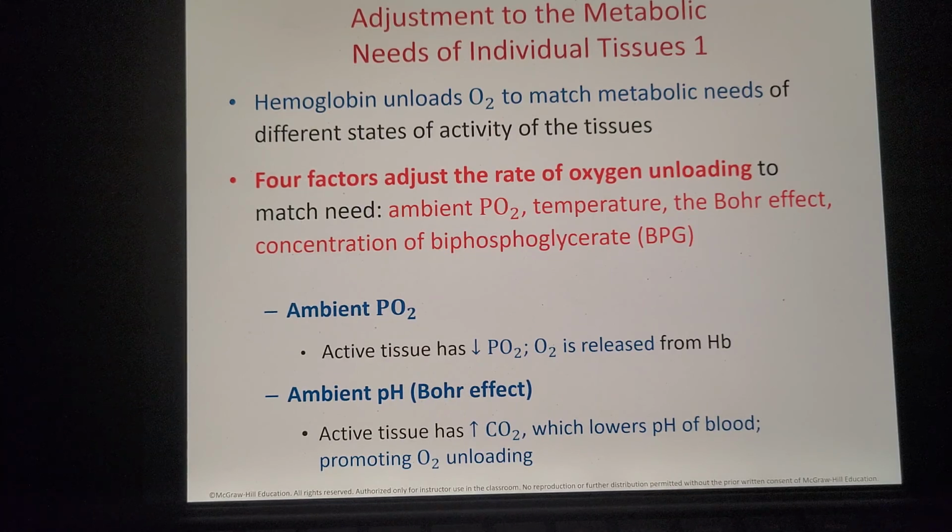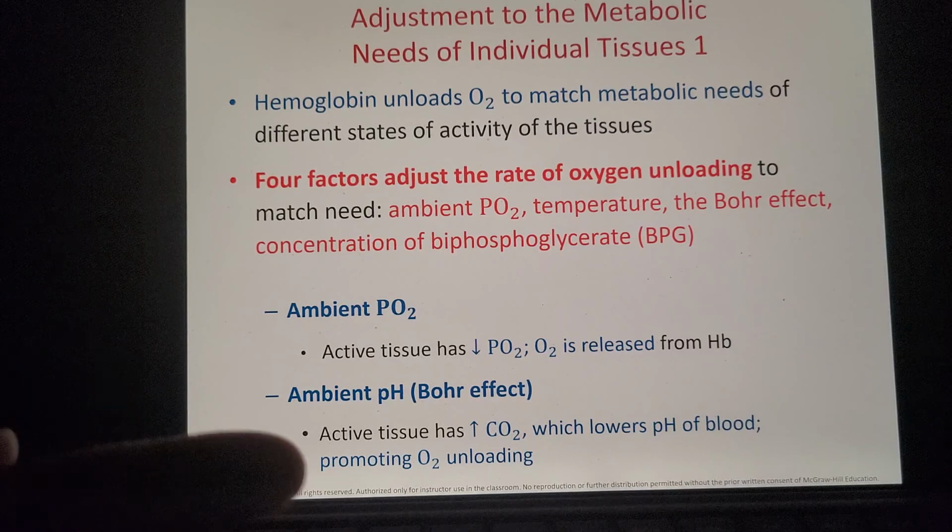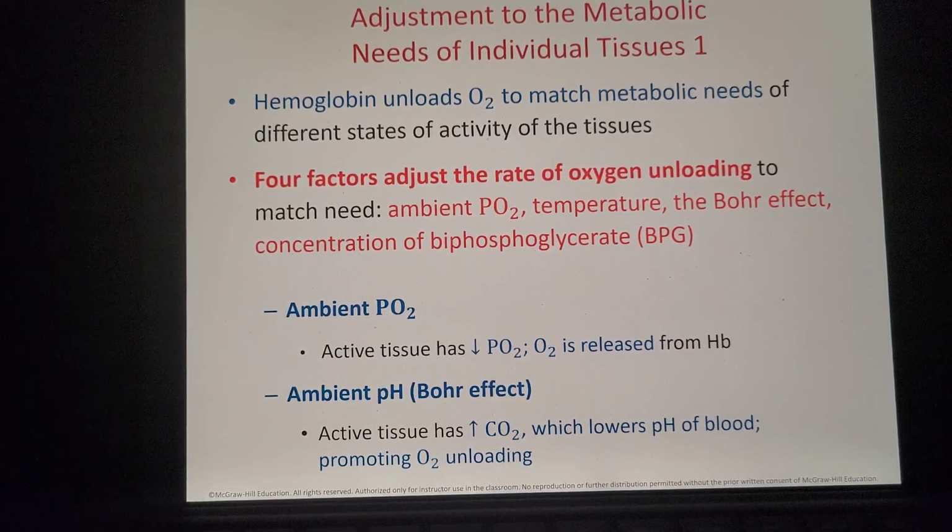Next thing that can affect it is your pH. As your tissues are making your ATP, part of the byproduct is the production of carbon dioxide. So you're going to have an increase in the level of carbon dioxide in that active tissue. So back with our carbonic acid reaction, we're shifting that equation, not to the left, but to the right, because we have all the CO2.